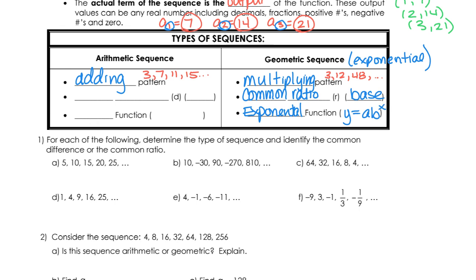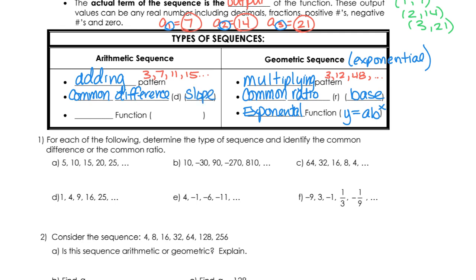Whereas our adding patterns go up with a consistent number that you either add or subtract. Technically, you'll always add, but you could be adding a negative number. They call that a common difference, the number you're adding. They represent that with the lowercase d. And this common difference represents basically the slope.